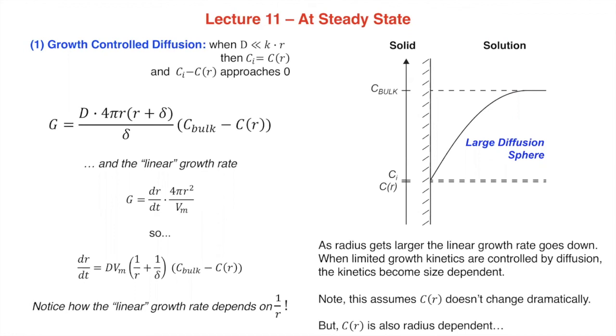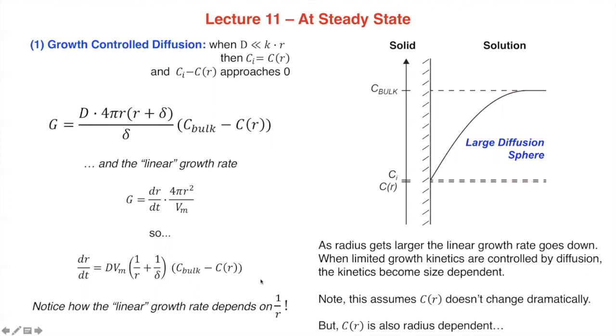So when you have diffusion limitations, you end up with a mechanism of size distribution focusing. So small crystallites will have a greater linear growth rate than large crystallites under diffusion limited conditions.